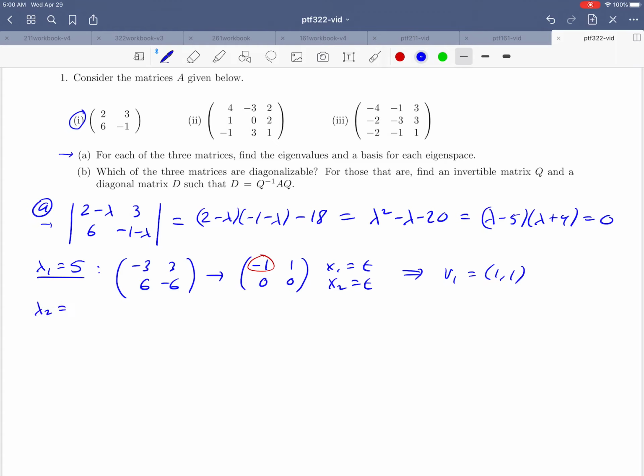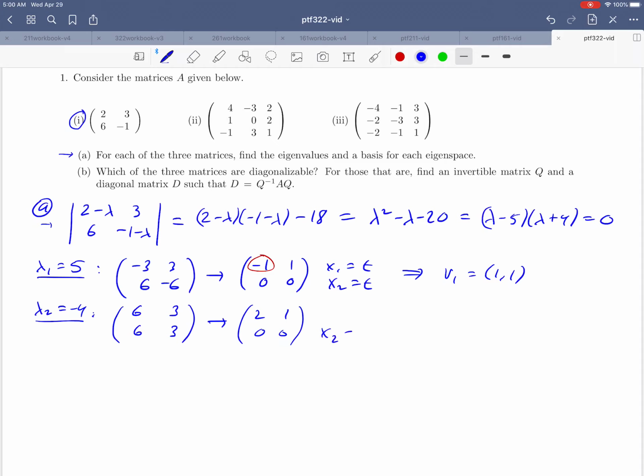Same deal for negative 4. If we substitute negative 4, this time we're going to get a matrix that looks like 6, 3, and 6, 3 again. If you row reduce that, it's going to get down to that form.